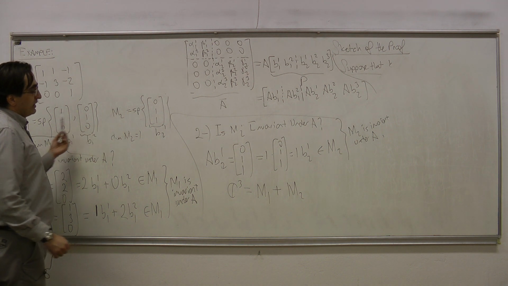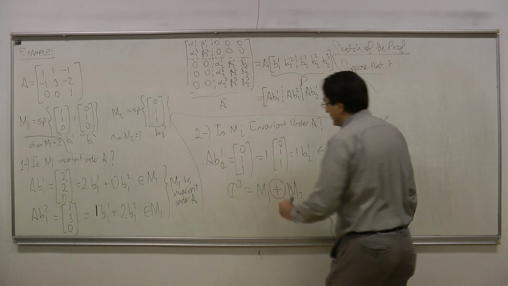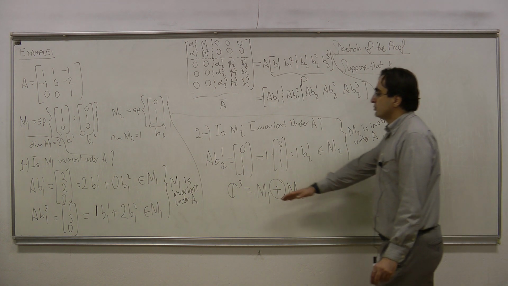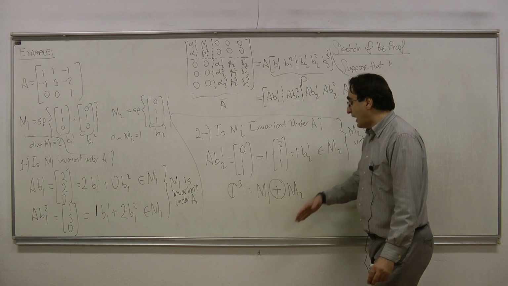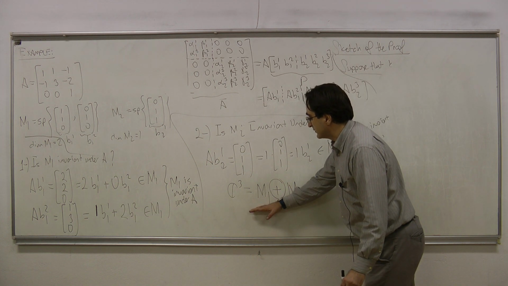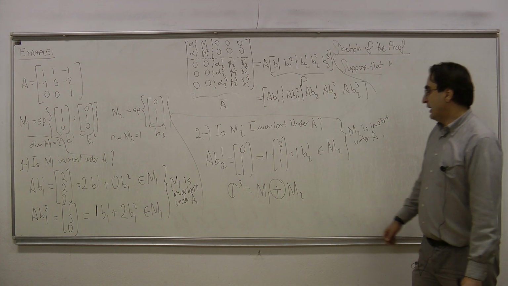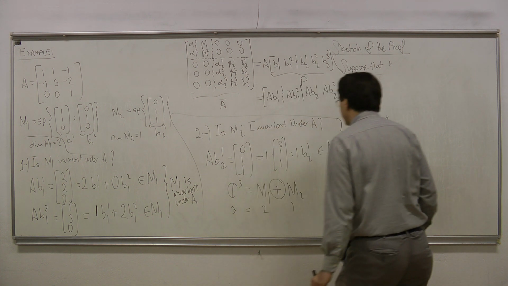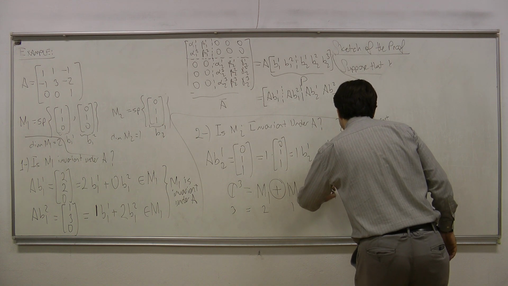As a result, M1 and M2 are linearly independent, making this a direct sum. Okay? So you see that I could write C3 as a direct sum of two subspaces. And these two subspaces are invariant under A, and they have dimensions 2, 1, and this is 3.